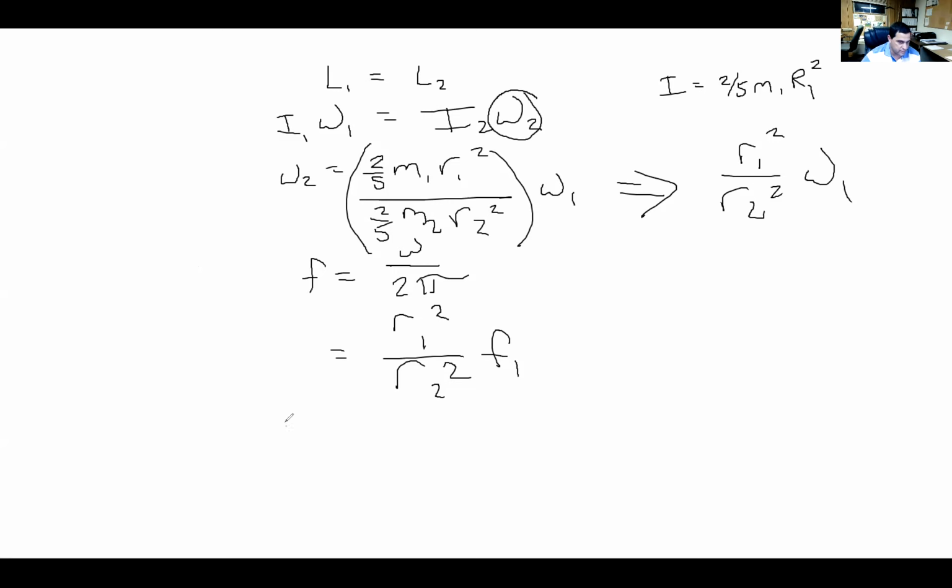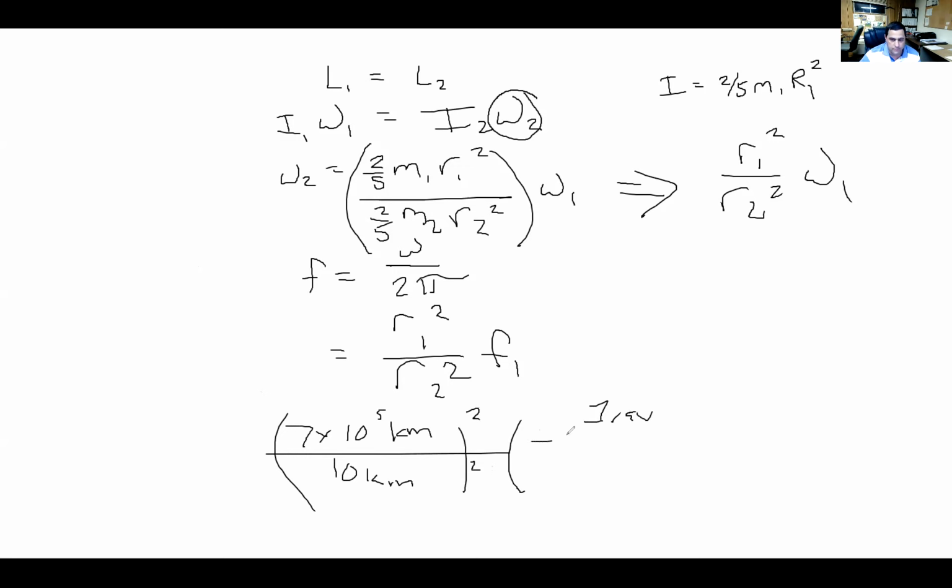So this 7 times 10 to the 5th kilometers divided by 10 kilometers, numerator squared, denominator squared. We know that 1 revolution happens every 100 days. But we need to convert this 100 days.